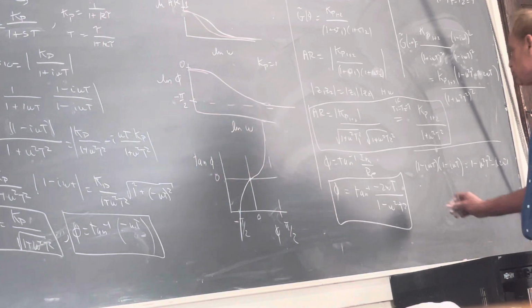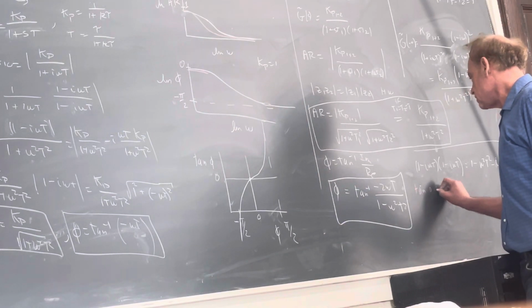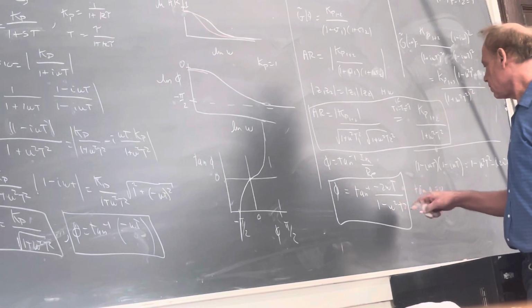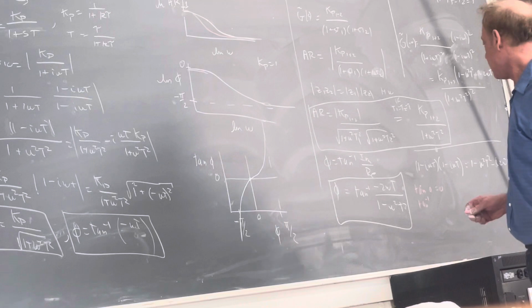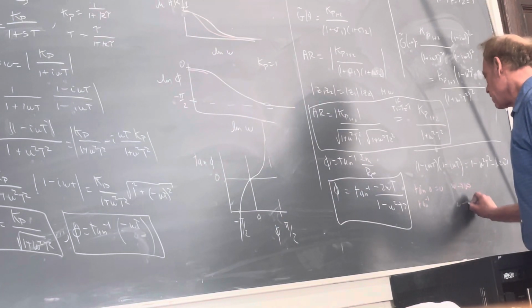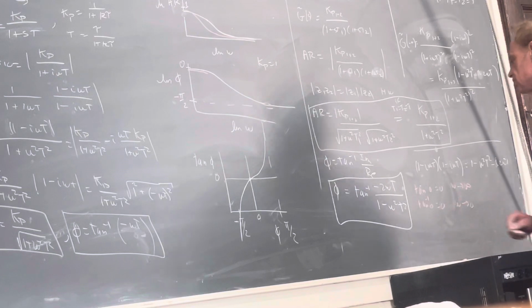So let's just notice the arctangent of 0 is 0, and this corresponds to omega goes to infinity. And when omega goes to 0, it's the arctangent of 0, equal to 0. So let's just check it again.